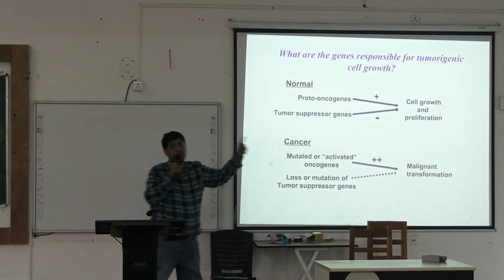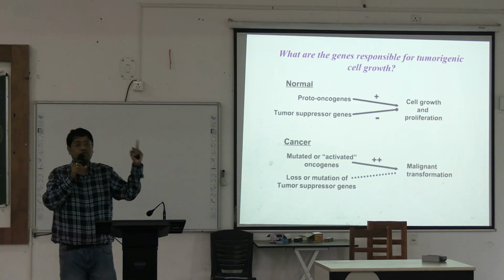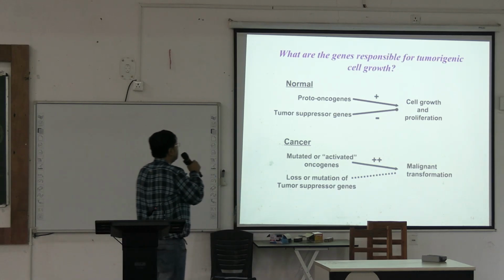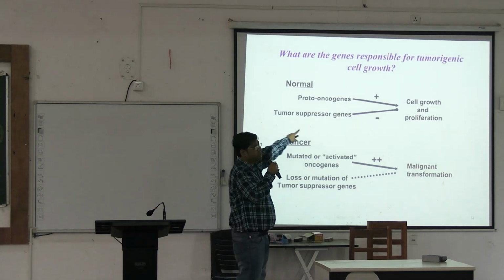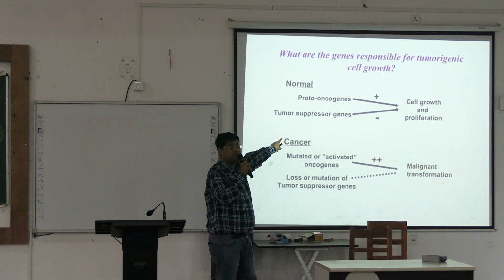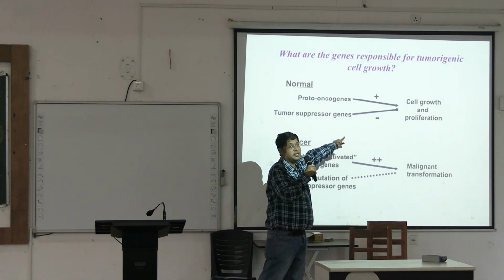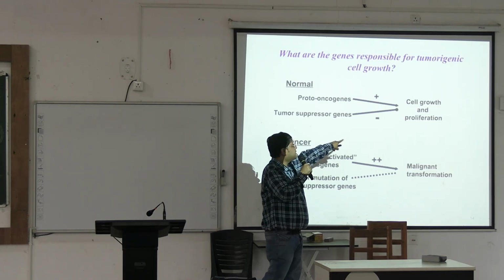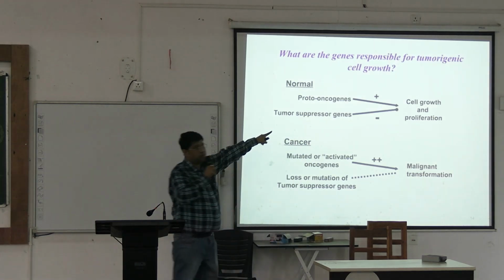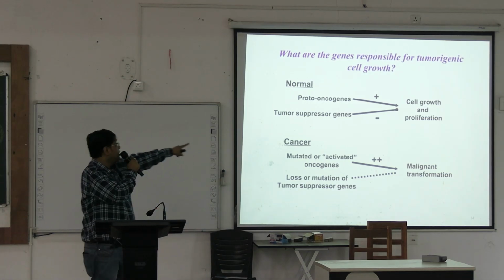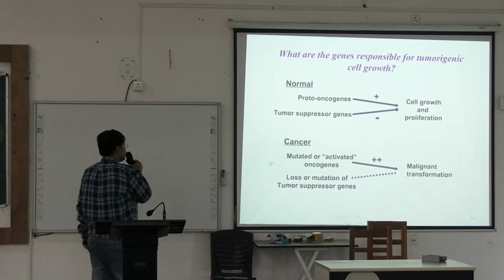That is, proto-oncogene to abnormal oncogene. On the other hand, tumor suppressor genes, which usually suppress the tumor, are themselves inhibited. Inhibition of tumor suppressor genes and activation of proto-oncogenes, both lead to cell growth and proliferation.